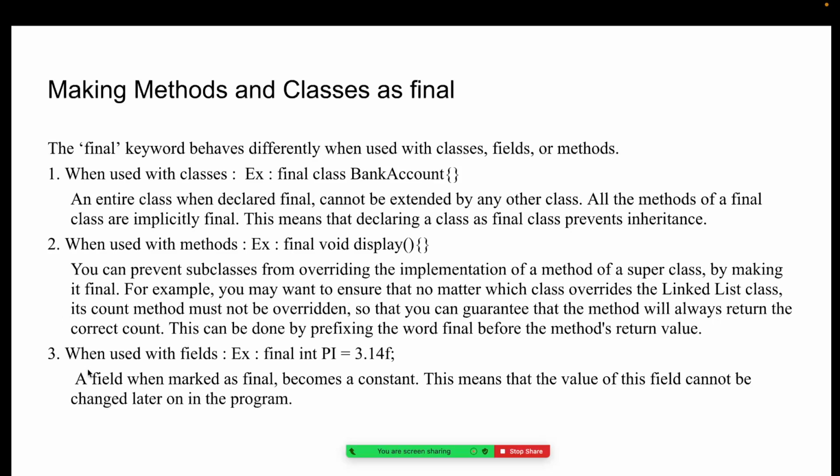Now when you mark any variable as final, it basically becomes a constant. What I mean by constant is that the value cannot be changed. Let's just see a quick demo about it.